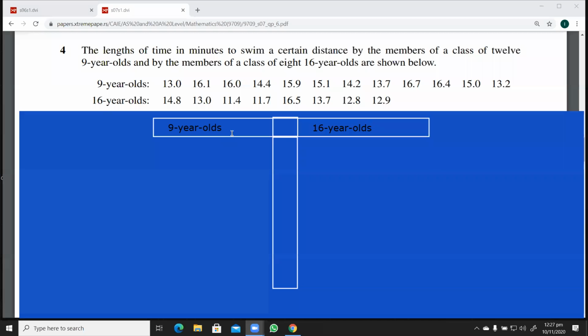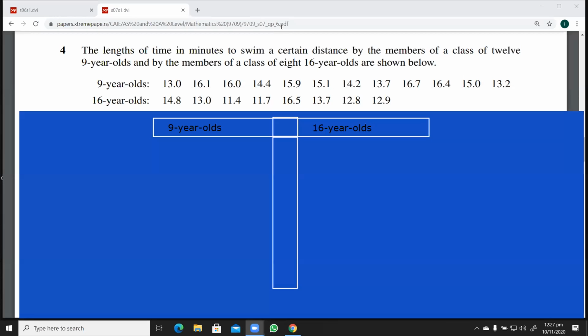Okay, so that is how I'll be drawing this back-to-back stem and leaf diagram. One side of this will have the 9-year-olds' information, and the other side will have the 16-year-olds, how much time they have taken for swimming in minutes. If you look at this, there are the things in 13s, 16s, 14s, 13s.